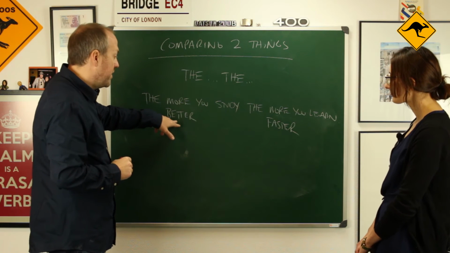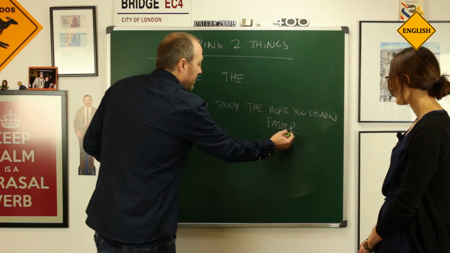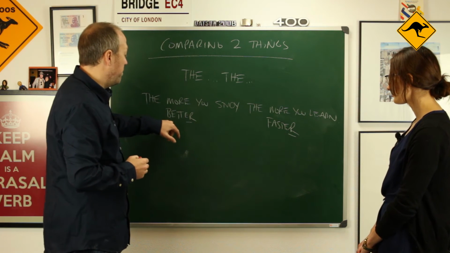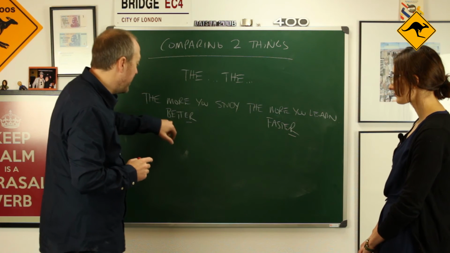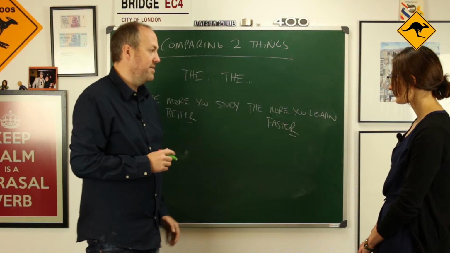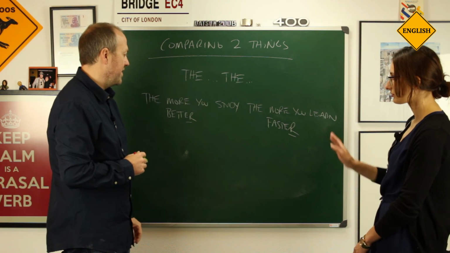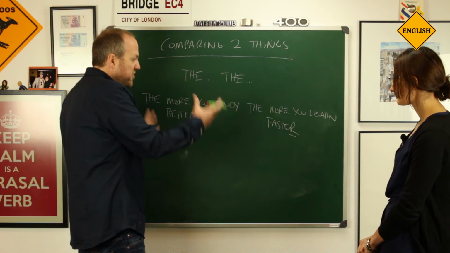Here, we're using the comparative form, you can see with the ER. In this case, we have to repeat the comparative: the better you study, the faster you learn, or the more you study, the more you learn. The same form in both, so again, we have symmetry.